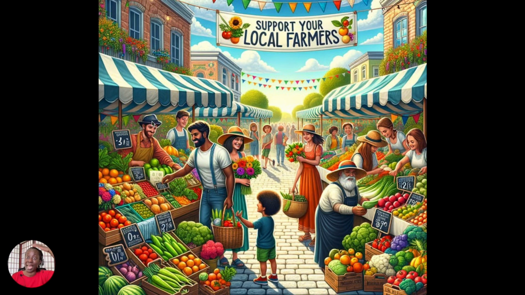Next to him is a young boy, a young man, who maybe it's his son helping him sell, because he's behind the stand. He's wearing a white blouse and blue overalls.